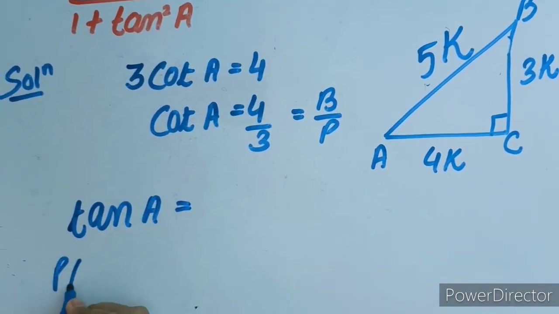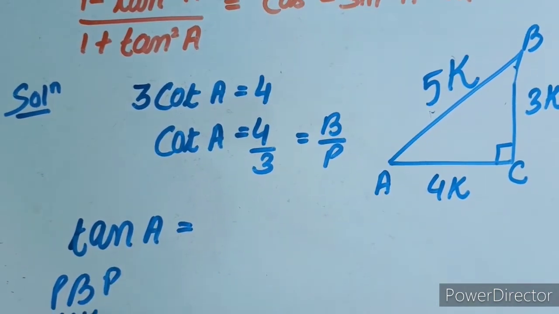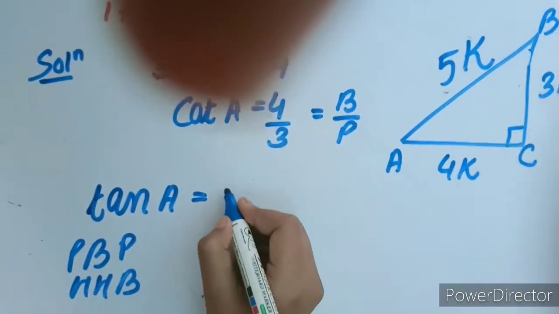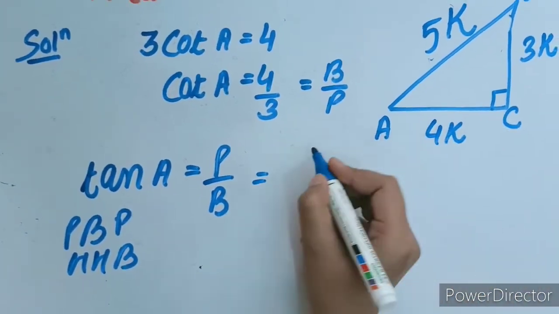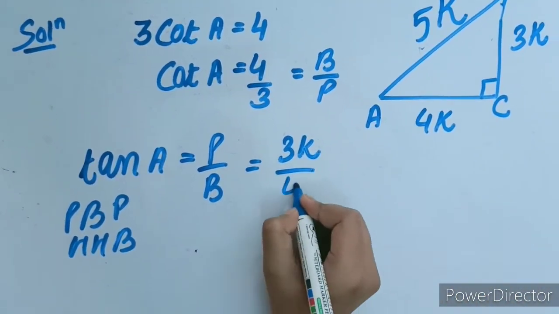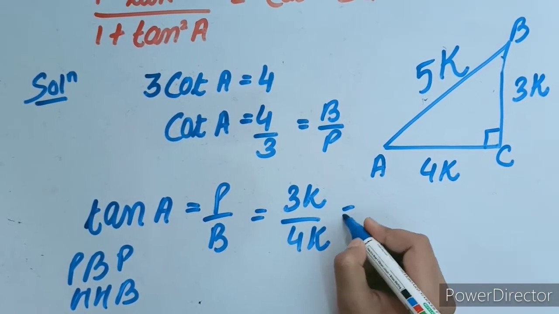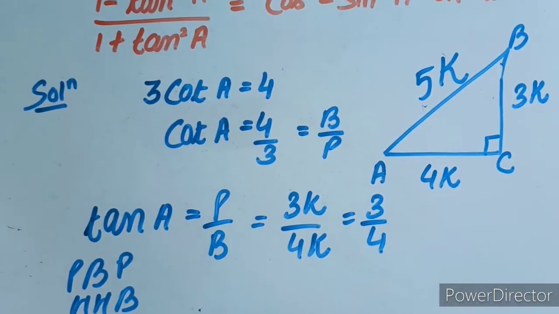Okay, we know that, again I am just writing PBB HHB, so tan is equal to P upon B. So perpendicular over here is 3k, whereas base is 4k. So from here we get 3 by 4 as tan A. Correct?